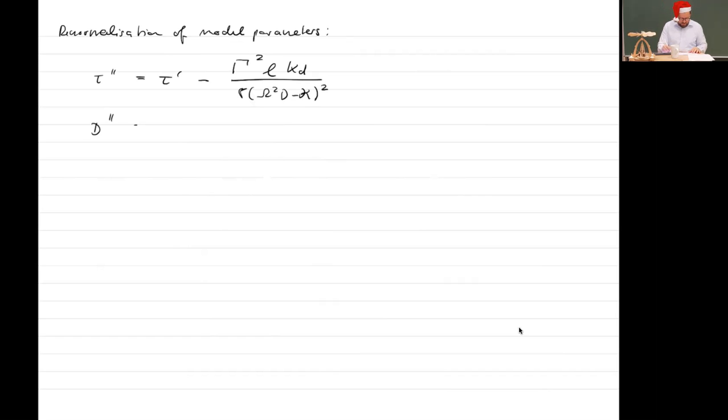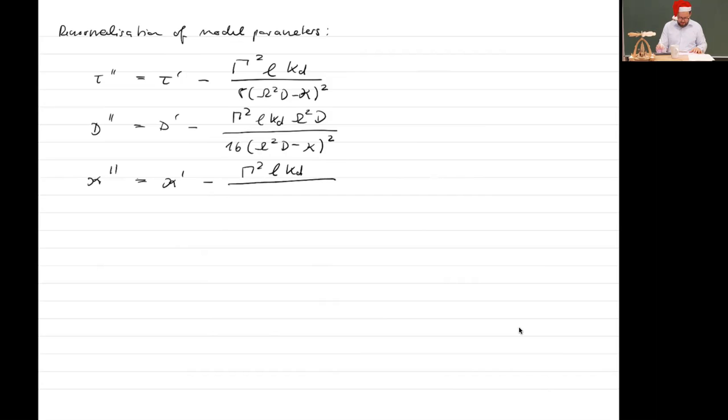D prime prime is equal to d prime minus gamma squared L kd omega squared d over 16 omega squared d minus kappa squared. And the final one is kappa prime prime is equal to kappa prime minus gamma prime L kd over 4 tau omega squared d minus kappa.